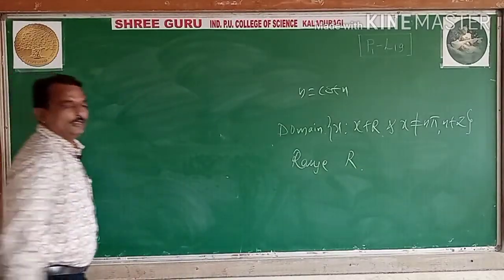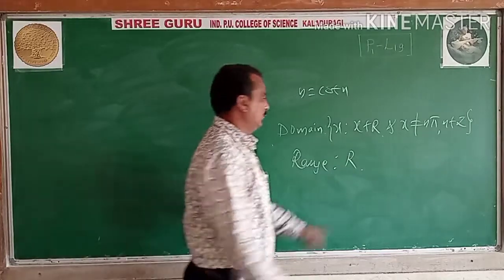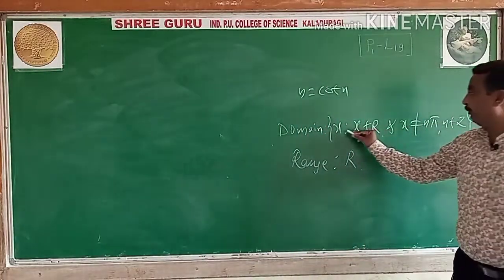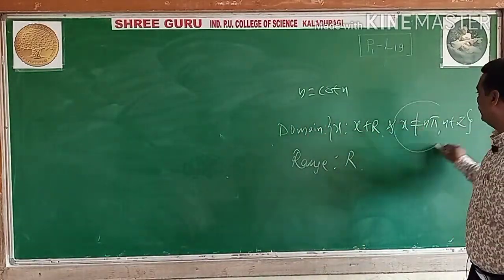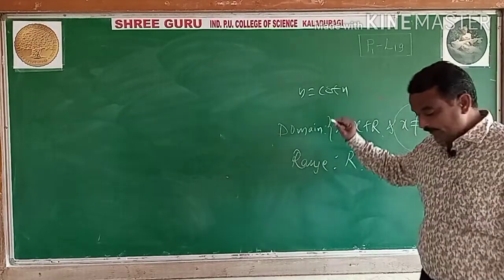Range is the set of all real numbers. So this range is R, the set of all real numbers. Domain, this is the condition here. You should know this for cot x.